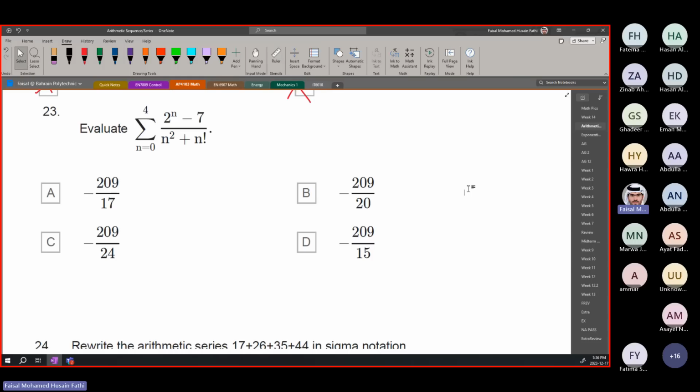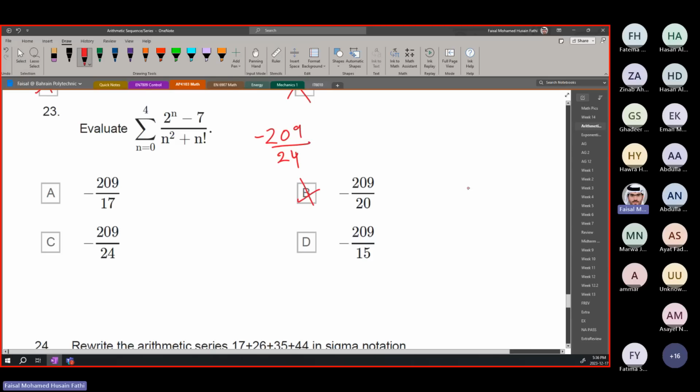So 2 to the power of x minus 7 divided by n squared, which is x squared, plus x factorial. Press equal. It will give you an answer: minus 209 over 24. Not this, not this, not this. This is your answer.